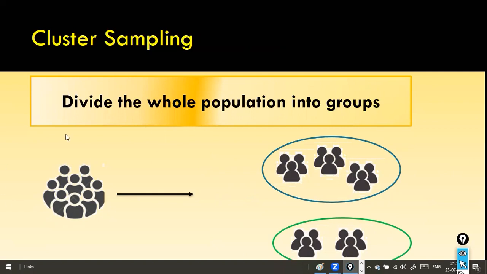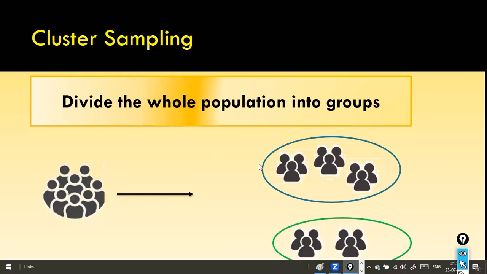For example, in the population there are 2 different groups of people. These people always prefer Samsung and these people always prefer iPhone. Okay, this is not the correct example in this case. What we will do is take high school students in a large city. Instead of selecting individual students from all schools, we randomly select a few schools from different regions in the city.